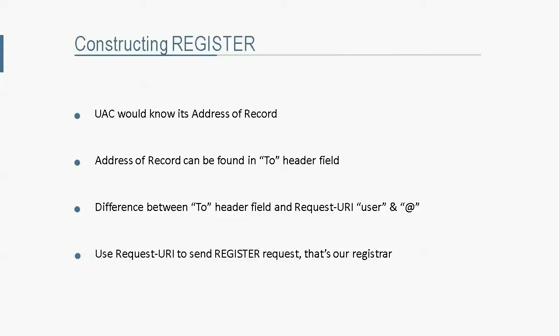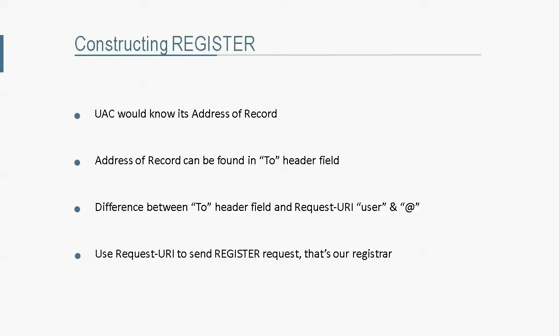In RFC 3261 Simplified Series Part 3, we discussed where to send the request if we have no prior knowledge of the next hop, which would be the registrar in this case. Obviously, we would not have a route header field since the user agent client is not configured with the registrar address. Therefore, we look at the request URI to decide where to send this register request.